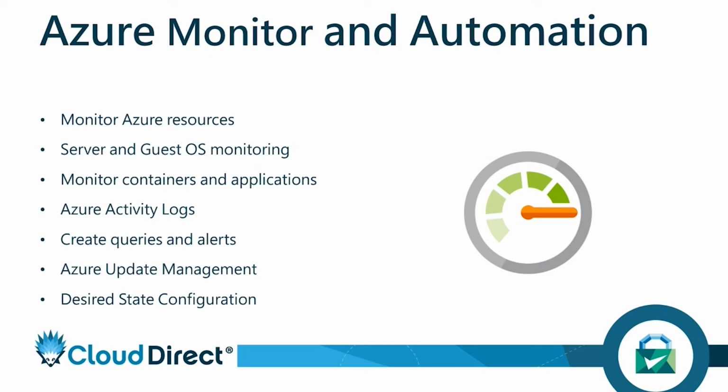Another part of Azure Automation is DSC, so that's Desired State Configuration, and that will allow you to specify a specific configuration, and then force a server to check in and pull down that configuration and configure itself. So it could be something like specific Windows Server roles that you need to enable, or the installation of a certain application.